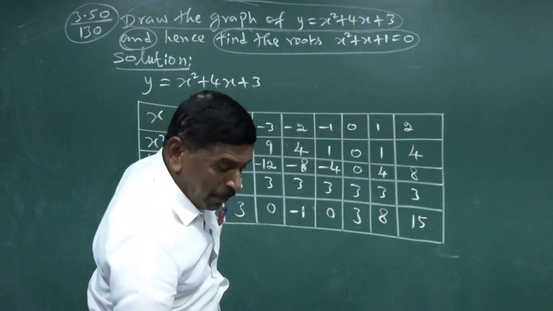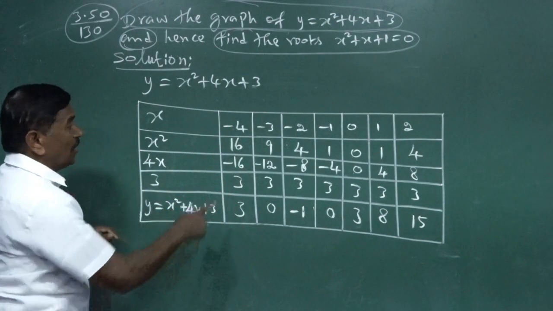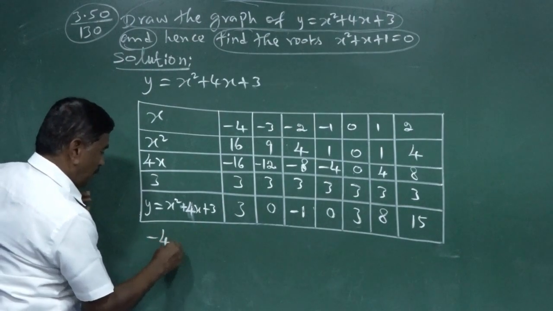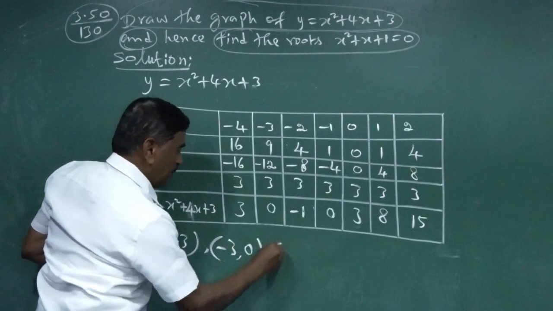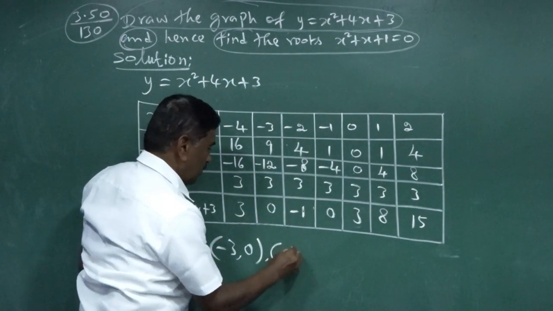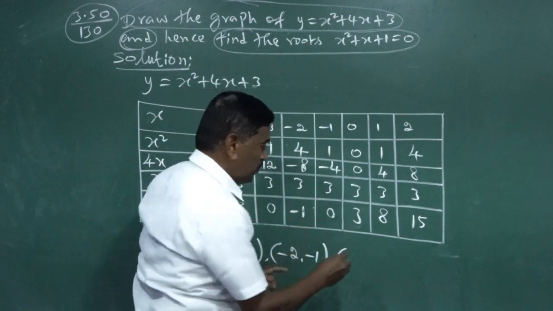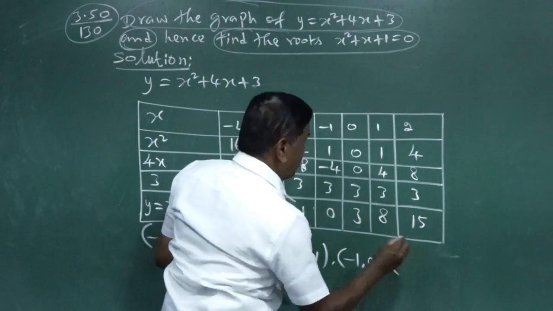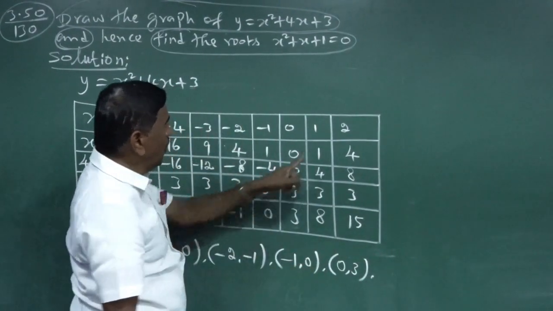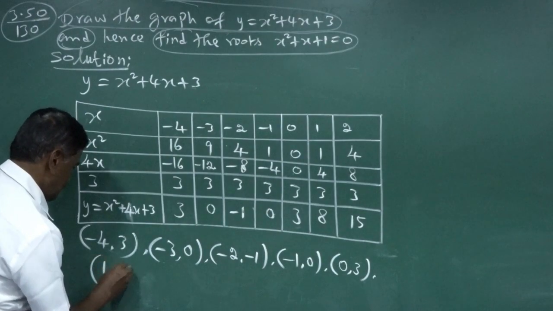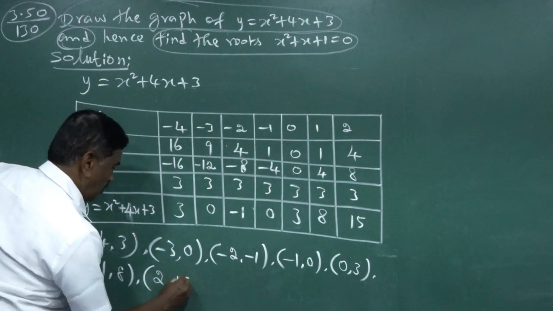Now, plot the points on the graph sheet: x value, y value. (-4, 3), (-3, 0), next (-2, -1), (-1, 0), (0, 3), (1, 8), and (2, 15).